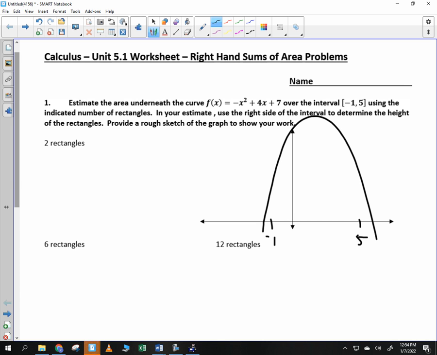How did you get that? The width of the interval, which was 6, divided by the number of rectangles. So, at what value would I mark to start making my rectangles? 2. Because that's 3 units there and 3 units there.